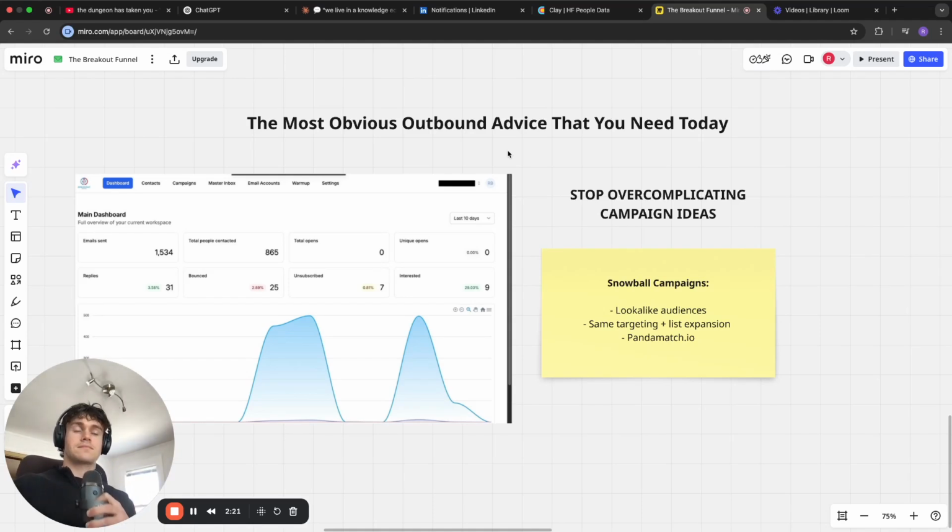Right. And so transitioning to this idea of snowball campaigns is the idea that, if you push a snowball down a hill, it rolls and rolls and rolls and it gets bigger because it picks up snow along the way. And so I think you take that same idea and you apply it to outbound like this. It's like, okay, that first campaign, you're testing a whole bunch of stuff.